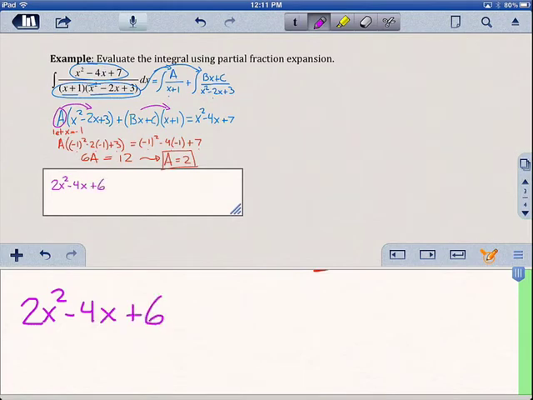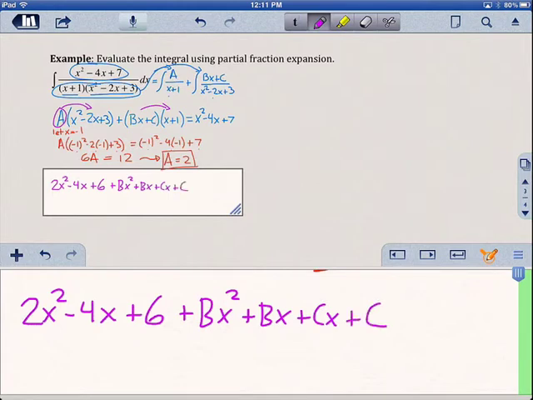And then we're going to FOIL Bx plus C times x plus 1. So that's going to give me Bx squared plus Bx plus Cx plus C. And again, this equals x squared minus 4x plus 7.